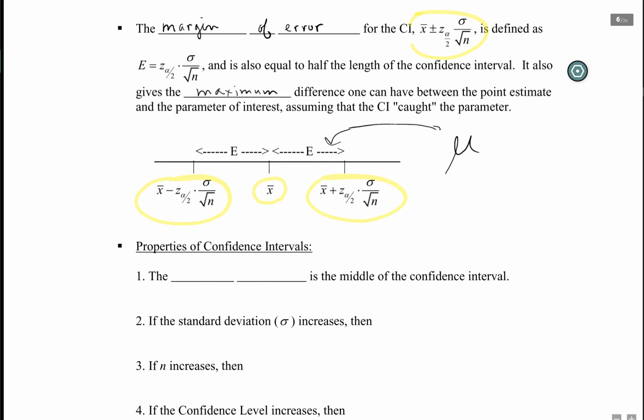Now, mu does not always fall in the interval, but assuming the interval is correct, then E is the maximum distance x bar is from the population mean mu.